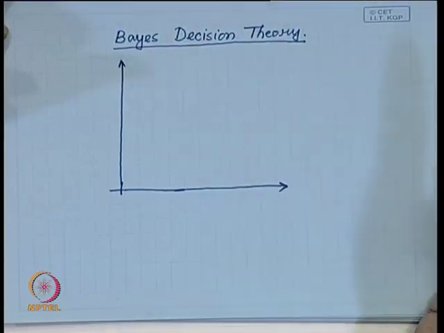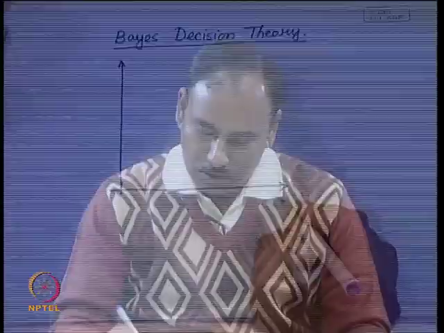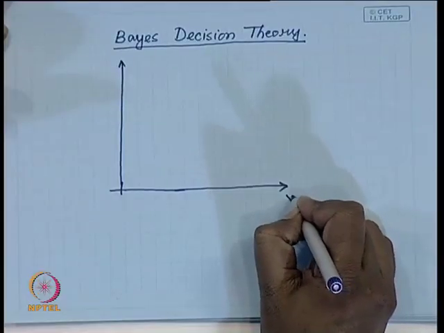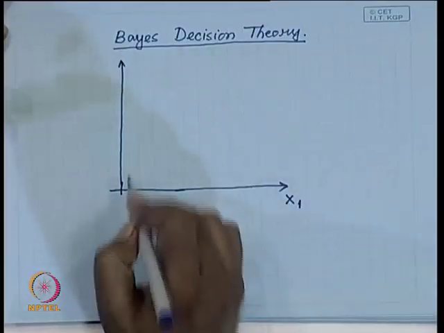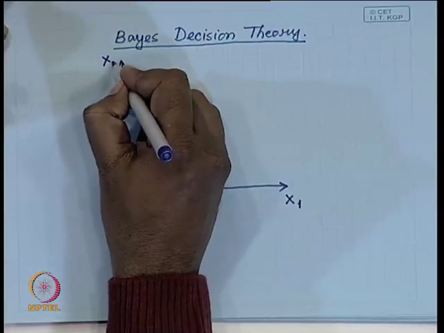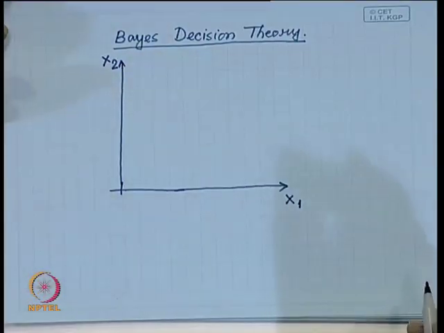As the dimensionality increases, the complexity also increases, so I may not be able to plot them on a 2-dimensional plane. That is the only reason I am illustrating this with the help of 2-dimensional feature vectors. So, suppose my 2-dimensional feature vector has 2 components, one is x1 and the other one is x2. These are the 2 components of my feature vector.